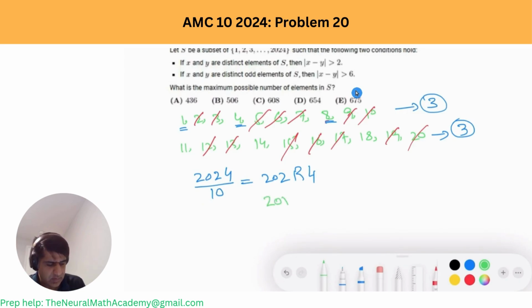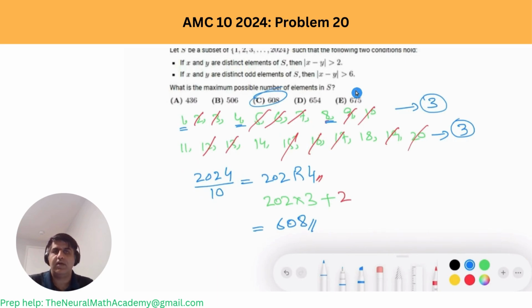So it would be 202 multiplied by 3, plus, since there is a remainder of 4 and from the first 4 numbers 2 numbers satisfy the condition, I can add 2, and if I solve, I would then get 608. So that is the answer for this problem, C. I hope it makes sense to you.